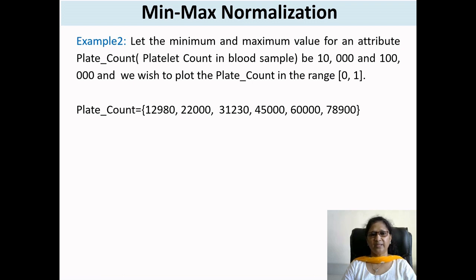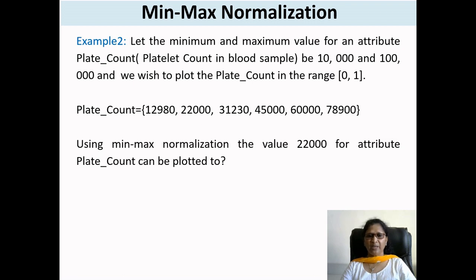We are given some observed values for platelet count from 12,980 to 78,900, and we wish to compute new attribute values between 0 and 1. Using min-max normalization, the value 22,000 for attribute platelet count is to be computed.